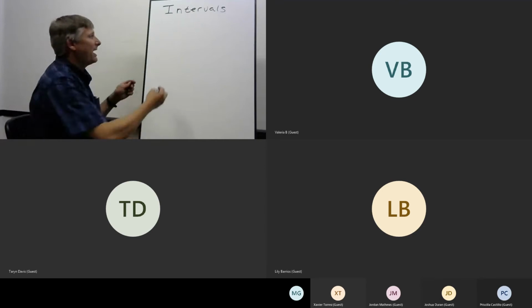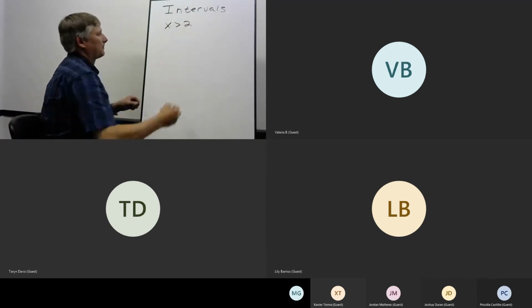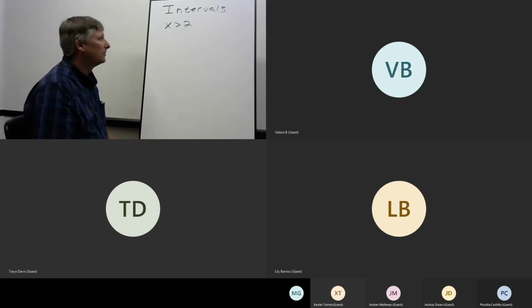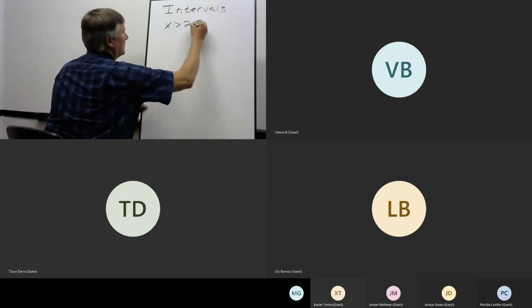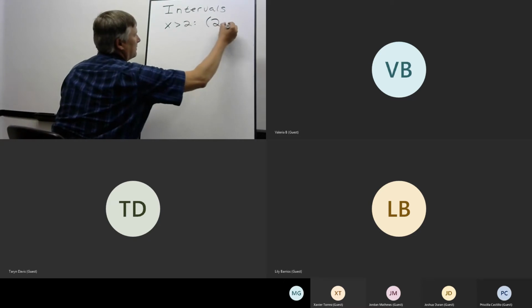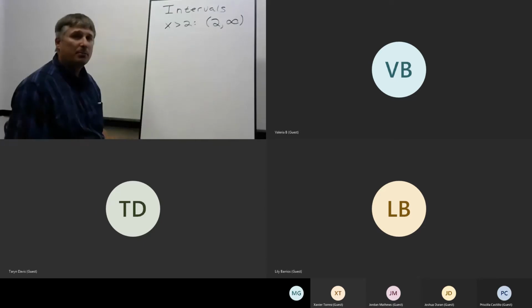So let's go back to x greater than 2. Well, the way we write this as an interval is we use a parenthesis and then infinity with a parenthesis.